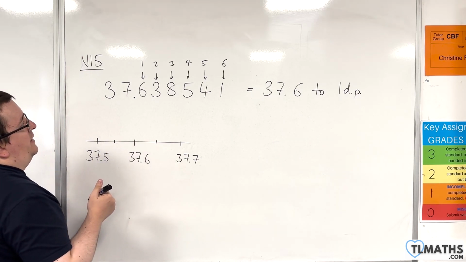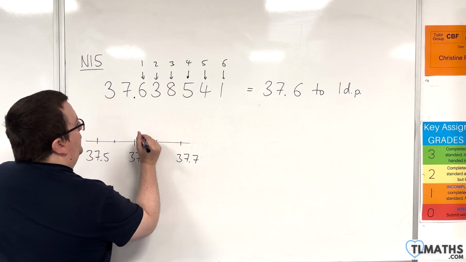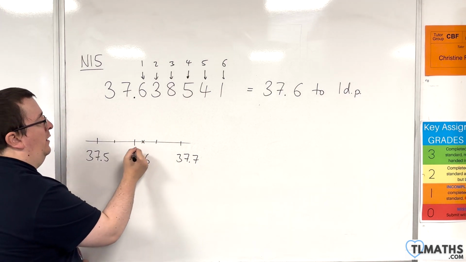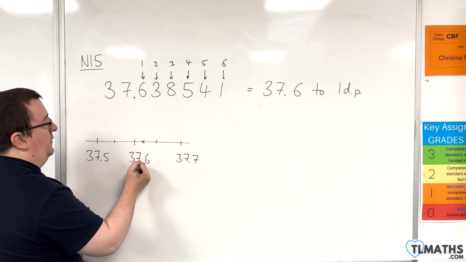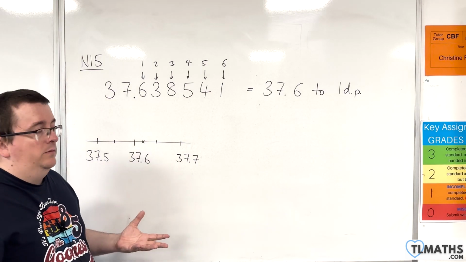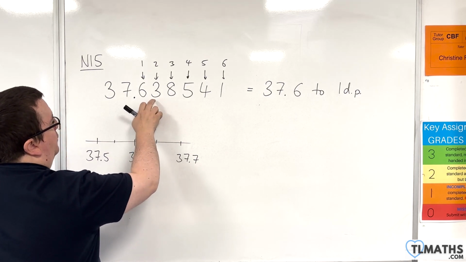So 37.638541 would be somewhere around about here. And so that's closest to 37.6. So it's closer to 37.6 than it is to 37.7, for example. And that's based on the fact that you're looking at the number to the right of the 6.